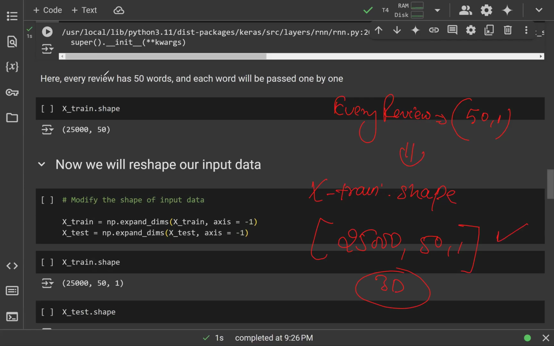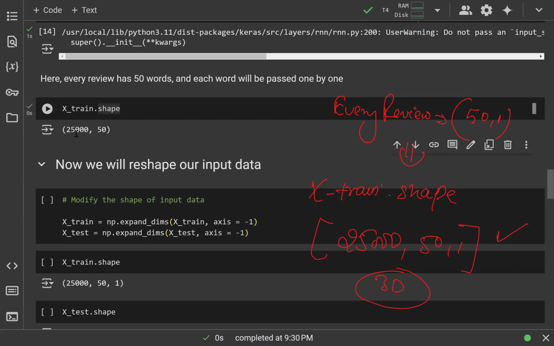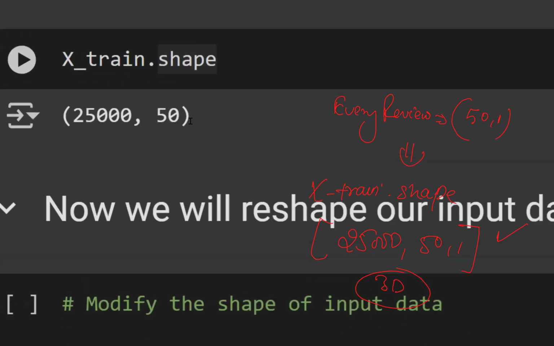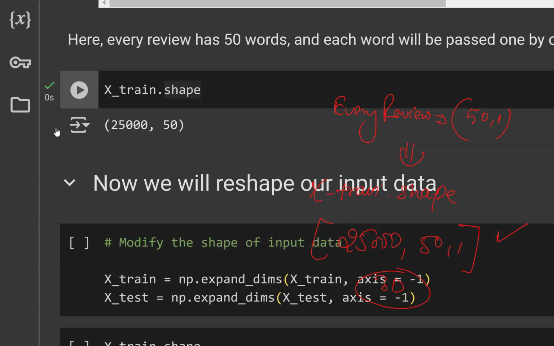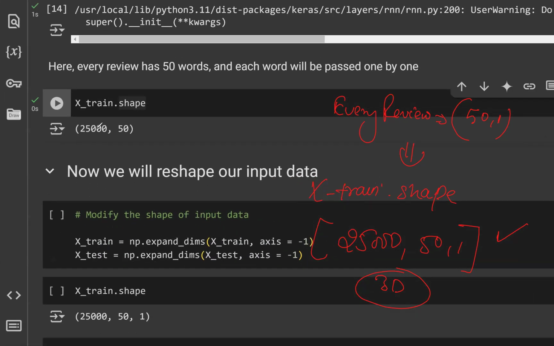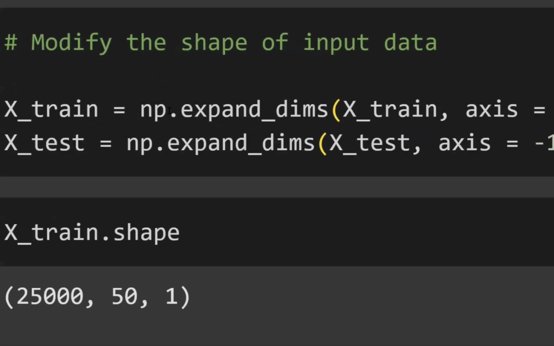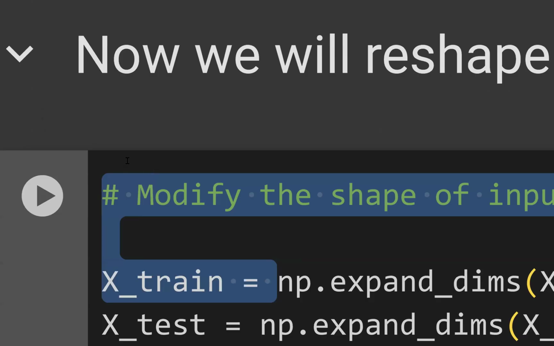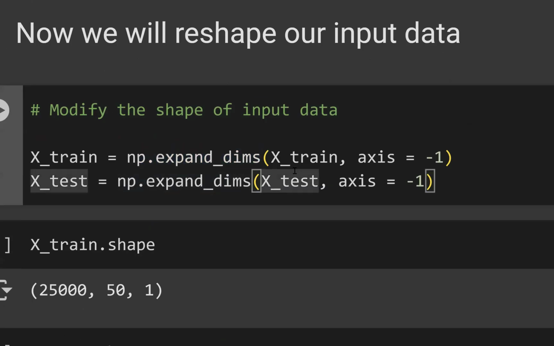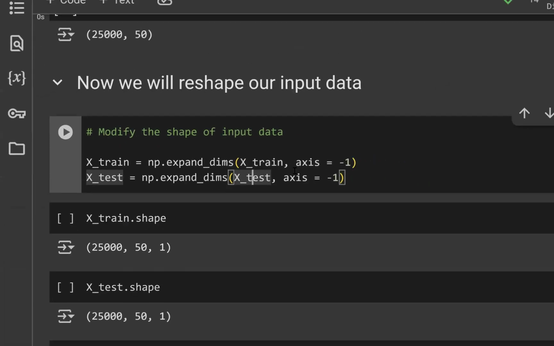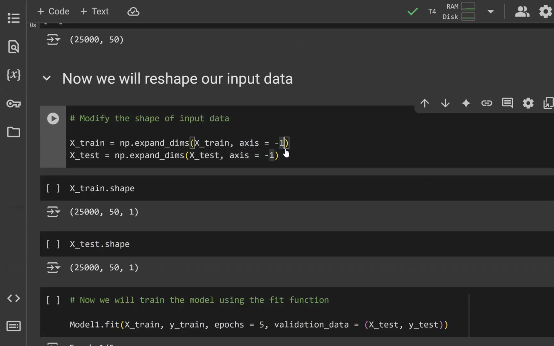But if you check X_train.shape, it is 2-dimensional. So we have to add one extra dimension, making it 25,000, 50, 1. For that, we have a function called np.expand_dims. This increases one dimension at the end. What is the meaning of -1? -1 puts the extra dimension at the end.